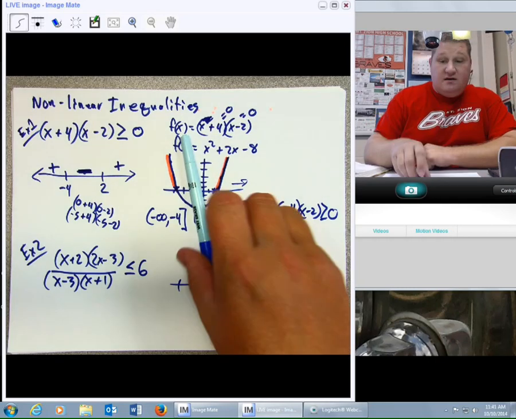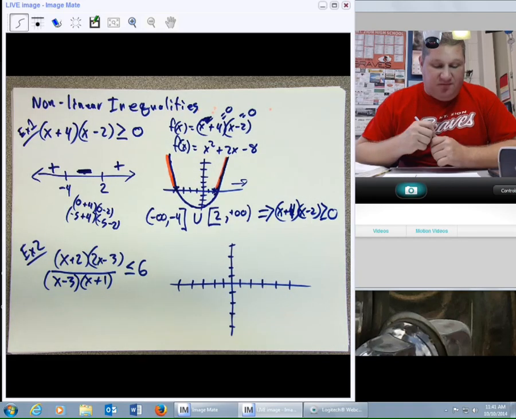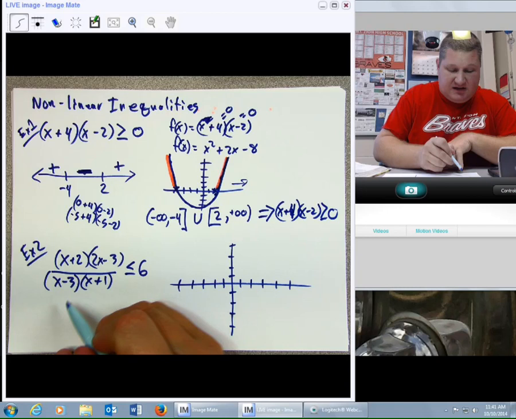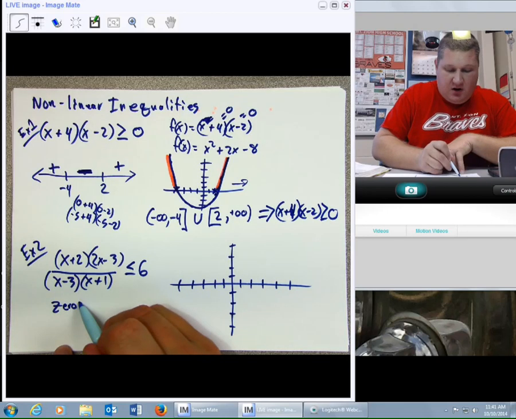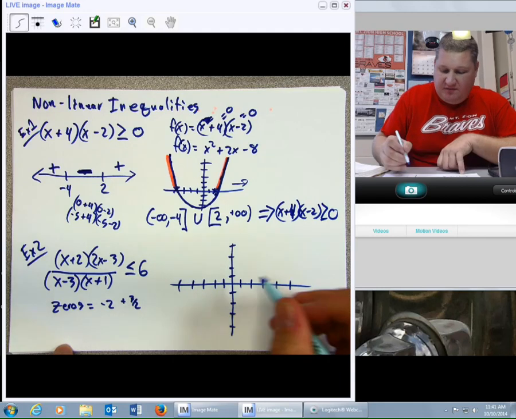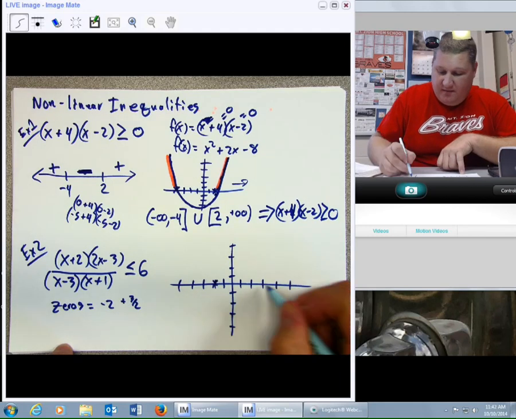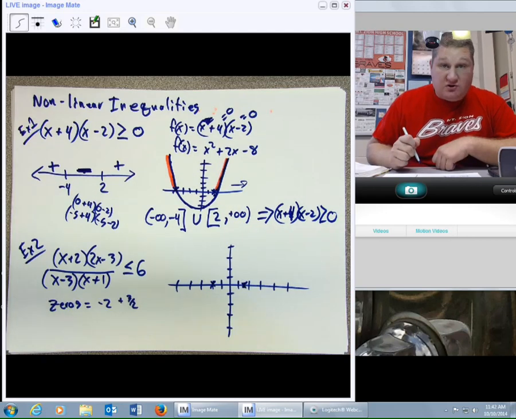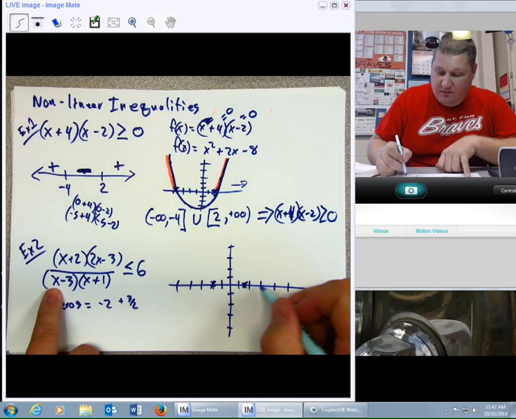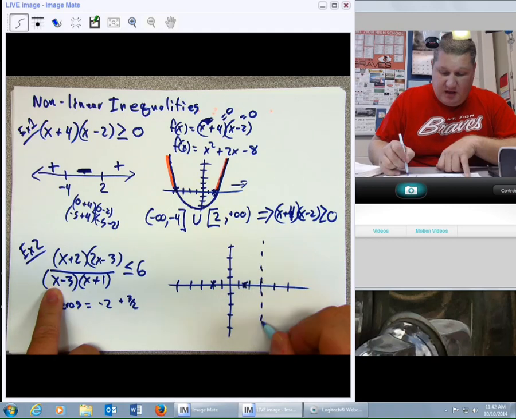Okay, now if we have something that's a little different, let's say we have something that's rational algebraic, we still go through our standard process. Our zeros are at negative 2 and positive 3/2. So one there and one there, so it's going to cross. We also have vertical asymptotes at 3 and negative 1.